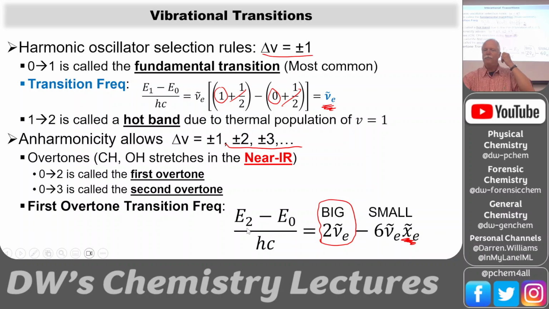But if you're looking at a tiny little peak in your spectrum, you've got a vibrational spectrum or a Raman spectrum, and you see a little peak, and you're like, gee, I wonder what that is. If you take that frequency and cut it in half, and you have a really tall peak, it might be an overtone of that one. So like you've got a tiny little peak at 2,800 wave numbers.